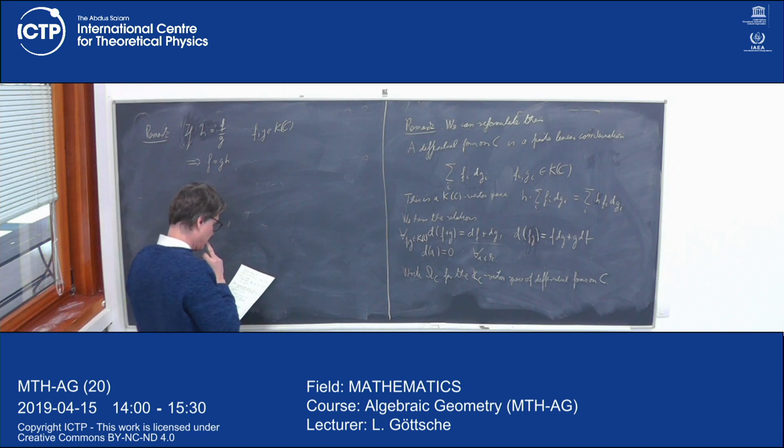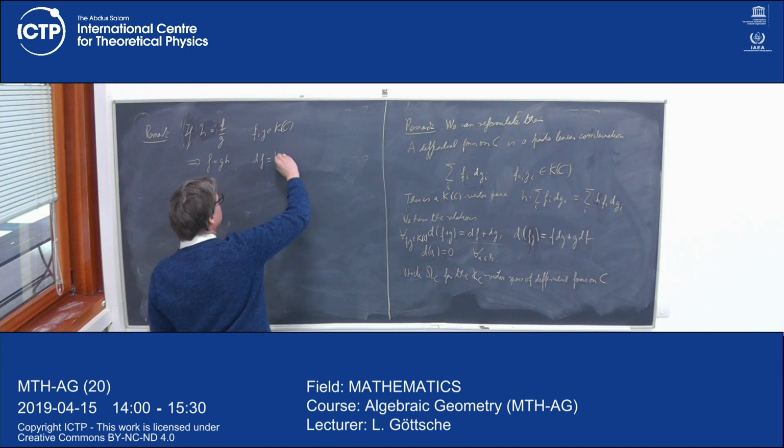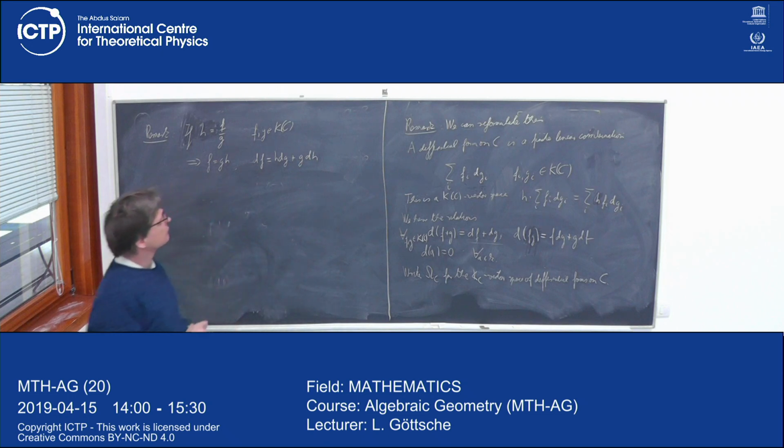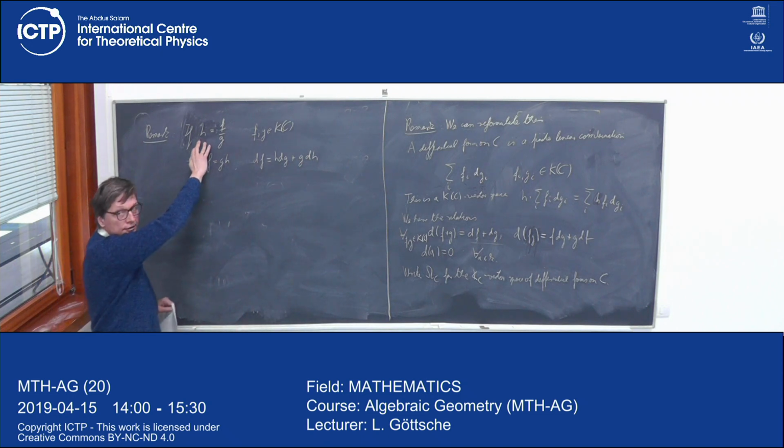And so I can apply the formula. So it means that df is equal to h dg plus g dh.